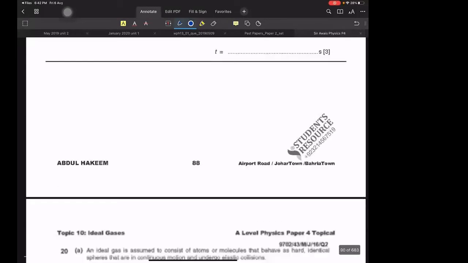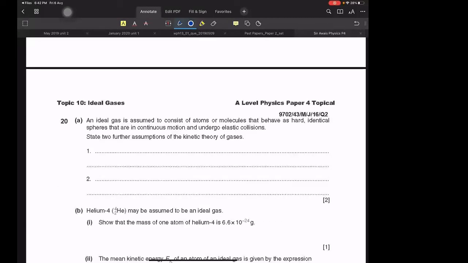Okay. Now it says an ideal gas is assumed to consist of atoms and molecules that behave as hard identical spheres that in continuous motion undergo elastic collisions. ठीक है? State 2 further assumptions. Now he has given you one assumption. कौन सी वाली? That the collision is perfectly elastic. तो कौन सी दो लिखेंगे और बताओ जरा. Out of 4, any 2.